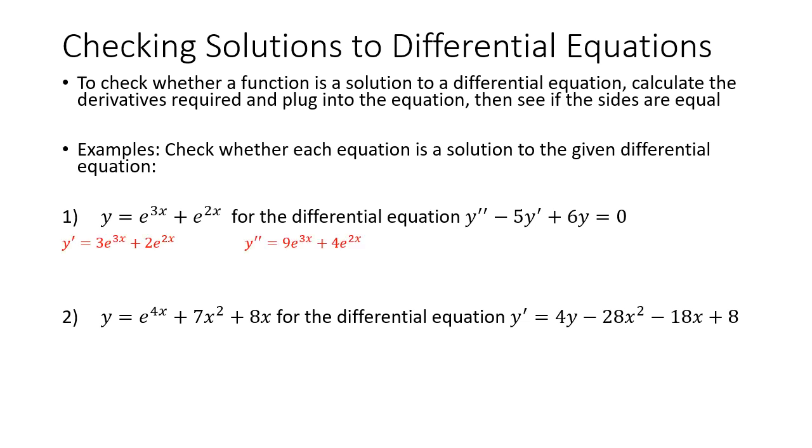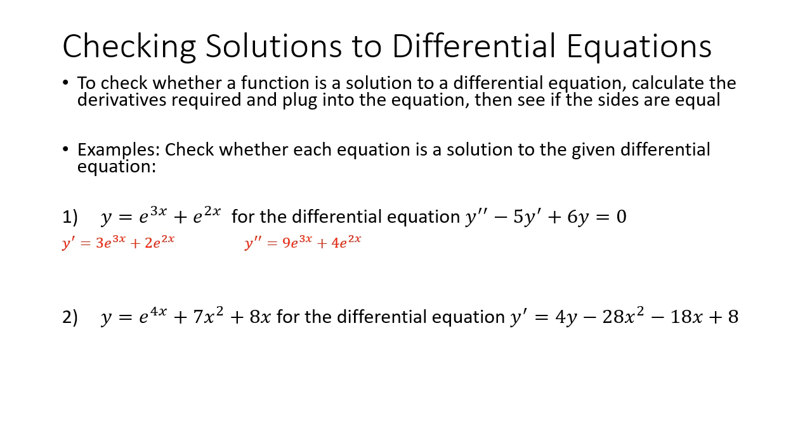If we take the first and second derivatives, the first derivative is 3 times e to the 3x plus 2 times e to the 2x. And the second derivative is 9 times e to the 3x plus 4 times e to the 2x.